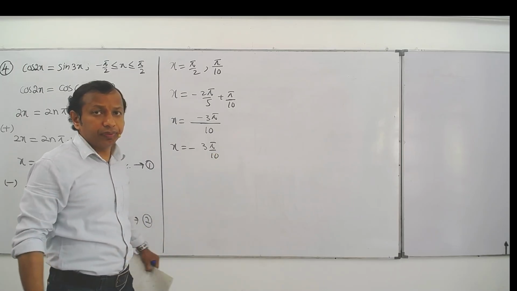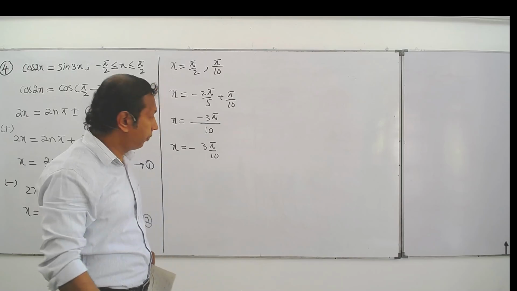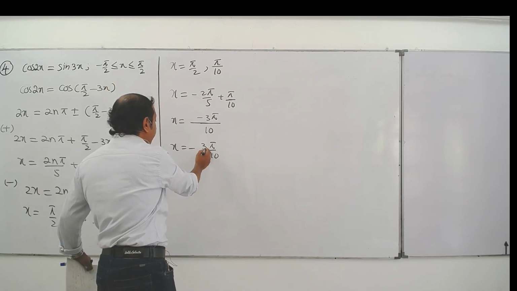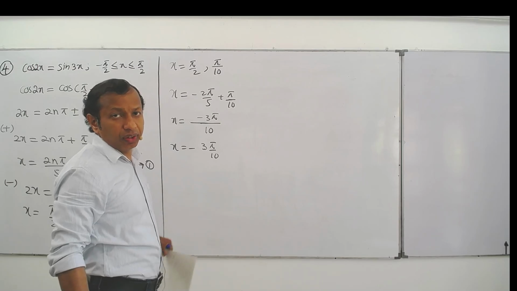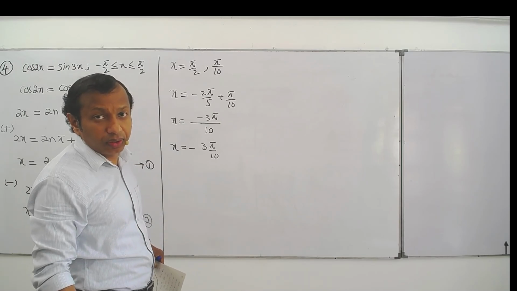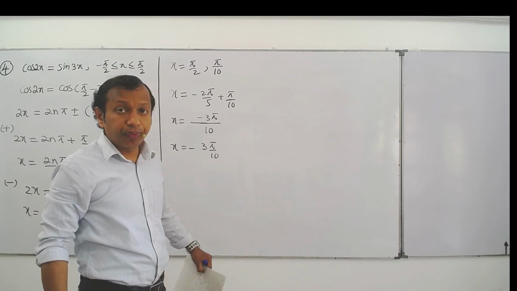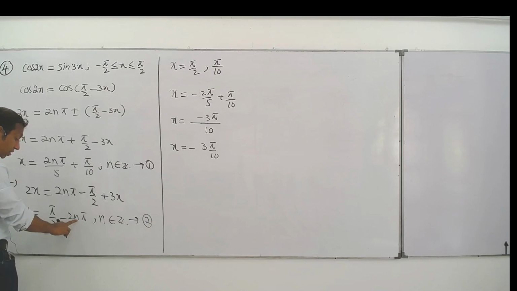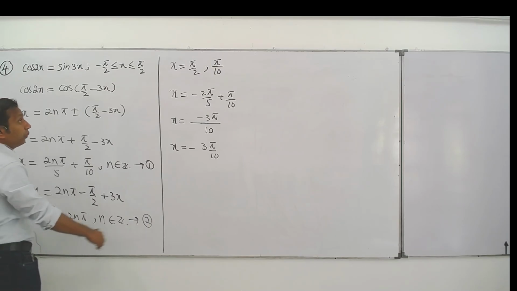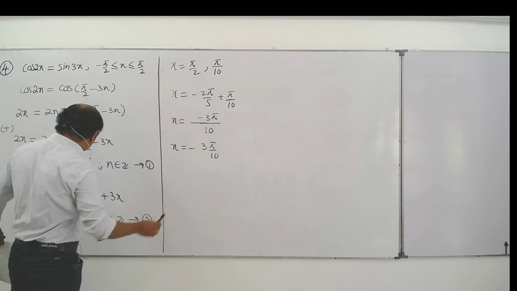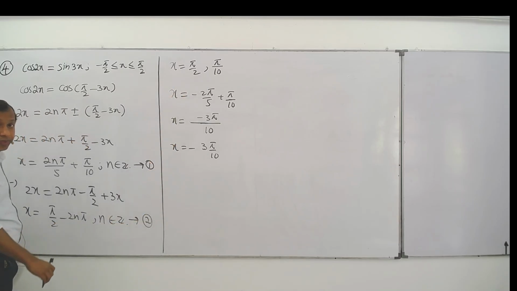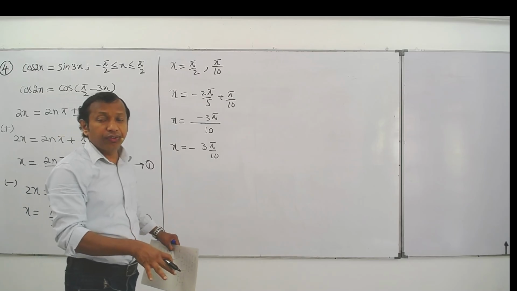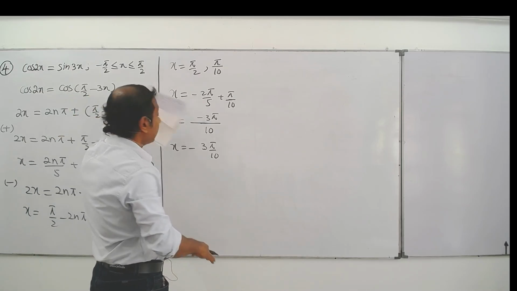Pi by 10 is 18 degrees, into 3, 54, with the minus sign before, minus 54. That is in the interval minus 90 to plus 90, right? So in set number 2, when you put some values, suppose for instance 0, pi by 2, or n equals 1, we get a certain solution, but that is not in the interval minus 90 to plus 90.